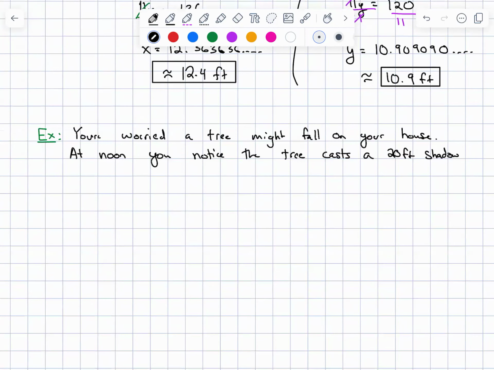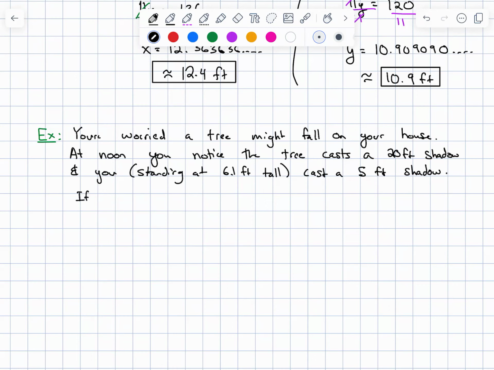The tree casts a 20-foot shadow, and you, standing at 6.1 feet tall, cast a, let's say, 5-foot shadow. Also amazing, wonderful that it actually ends up being a perfect 5-foot shadow.